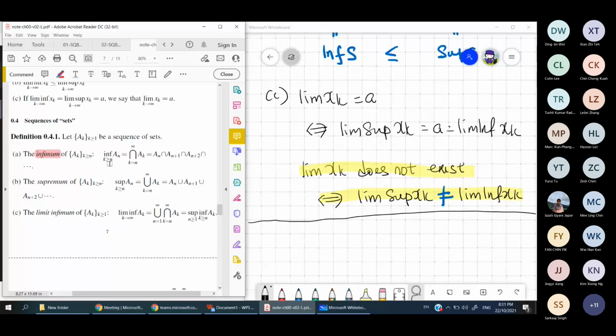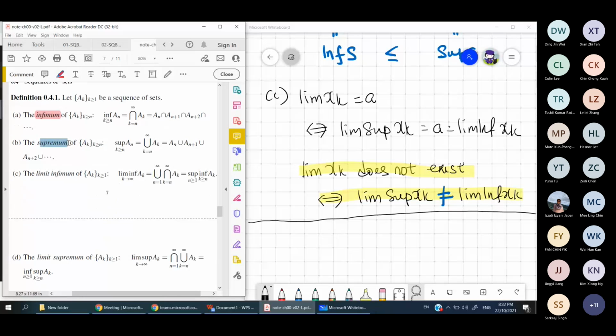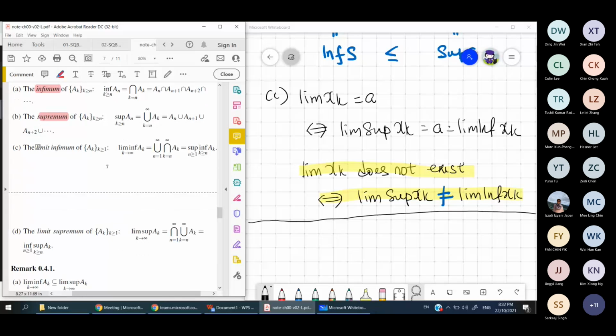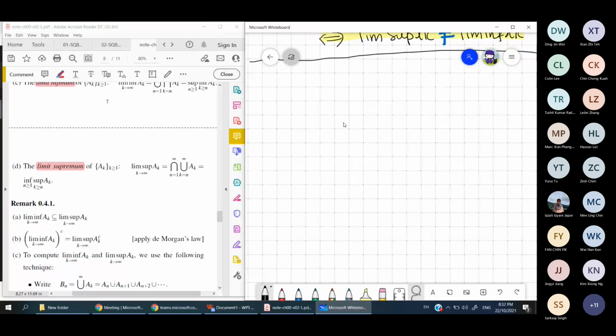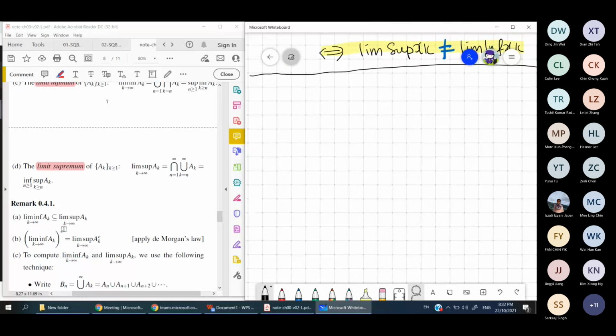If you look here, we have a running index n, so we have a different value here. Then the supremum, we are taking the union of it, so we have a different set of it. Then to calculate the limit infimum, we are taking the intersection, or union for it, and the limit supremum will be this. I think maybe this is a bit confusing, so we focus more on how to compute the limit infimum and limit supremum. So we use this way.